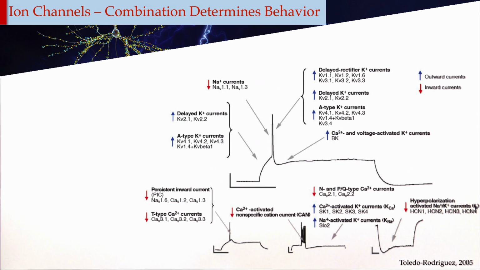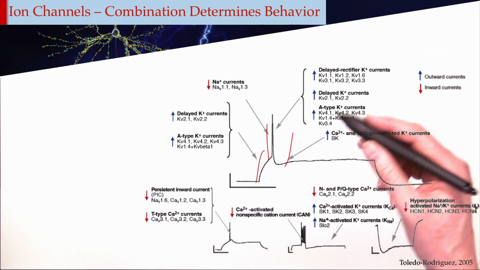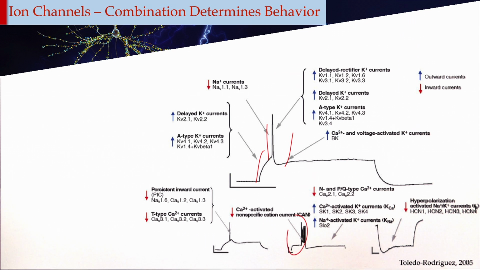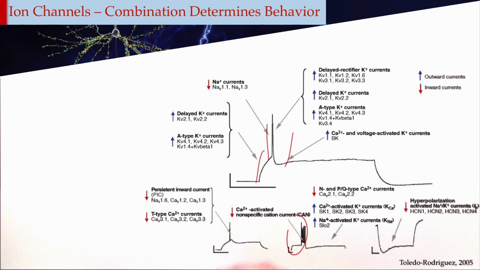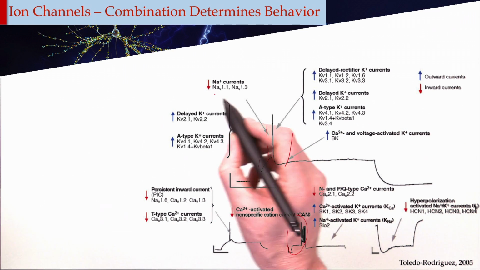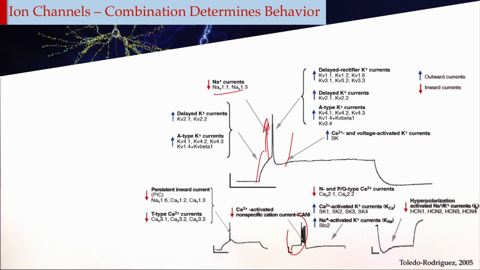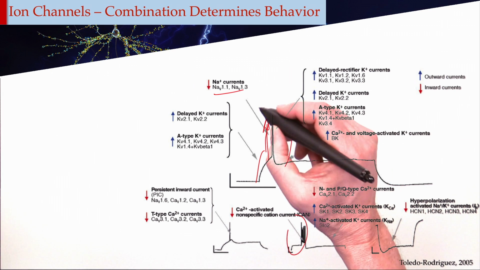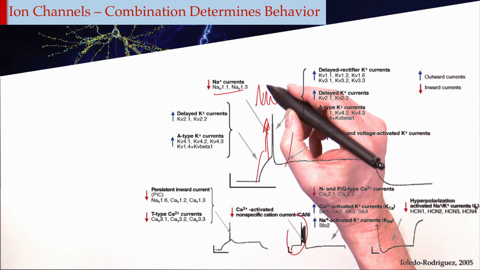So the beauty of having many different types of ion channels is that it depends on how you mix them. You can create all kinds of voltage shapes. You can create bursting behavior, and you can shape the way the neuron is going to behave. And here is just an idea showing you that, depending on what kind of sodium channel you have, will determine how fast the voltage rises. It will determine whether the action potential gets smaller with each successive one or stays the same.